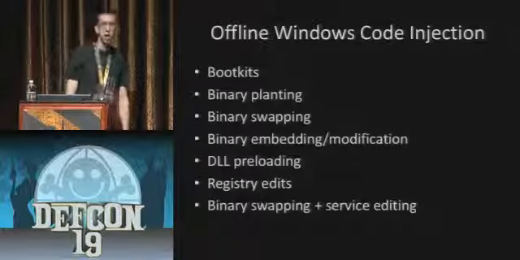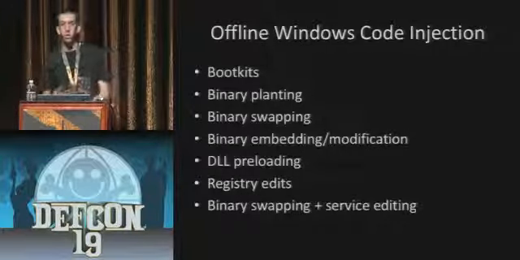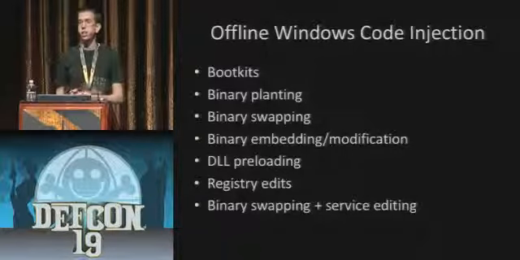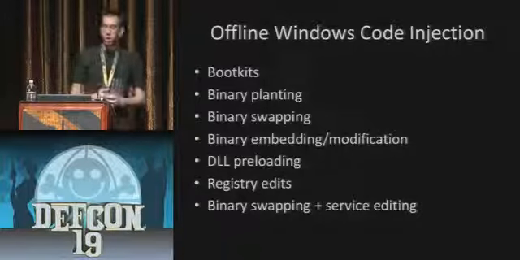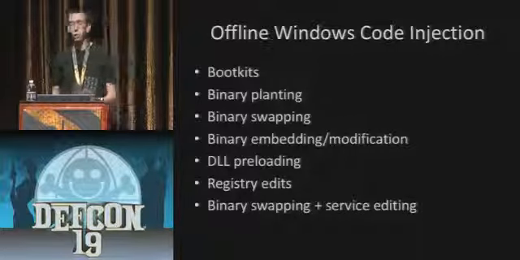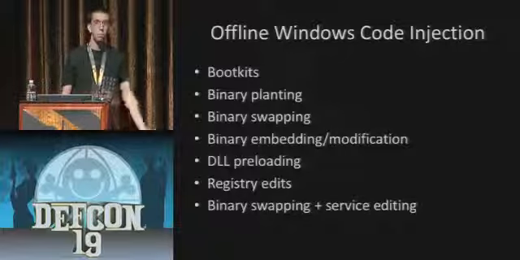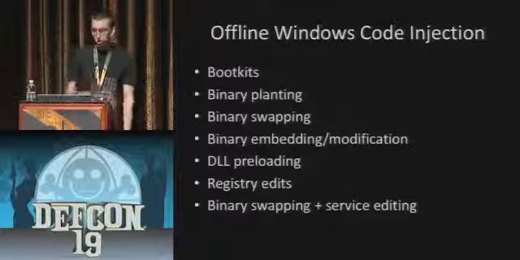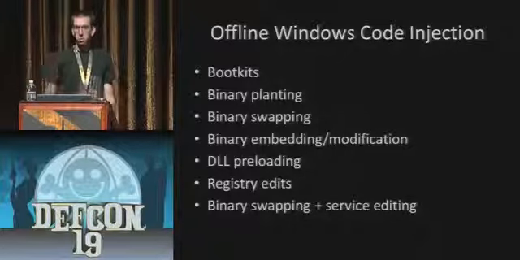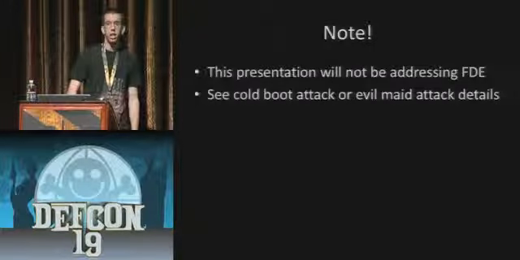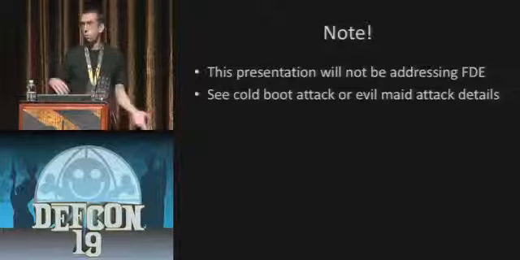In Windows, we have some difficulties, which I'll talk about later, but I came up with a list of 7 different ways that you can do code injection offline. That's with bootkits, binary planting, binary swapping, binary embedding or modification, DLL preloading, registry edits, or a combination of the above. Now, at this point, maybe you're thinking, oh, but I have BitLocker, TrueCrypt, whatever.